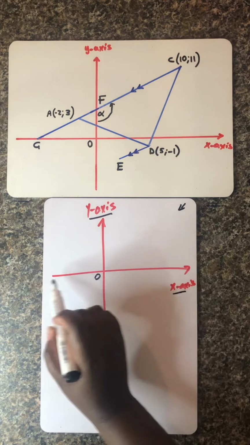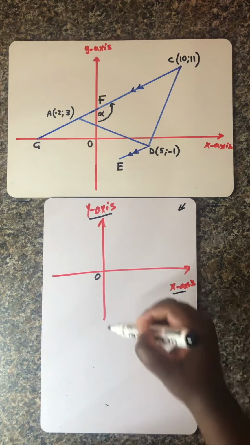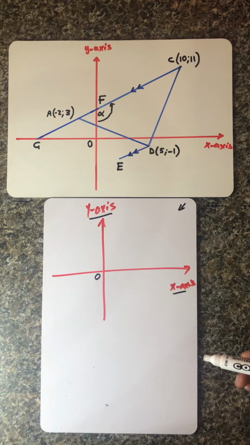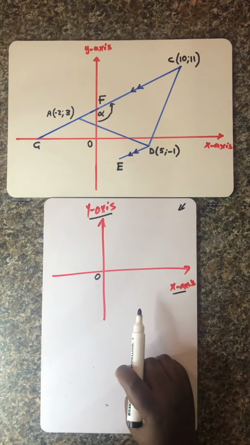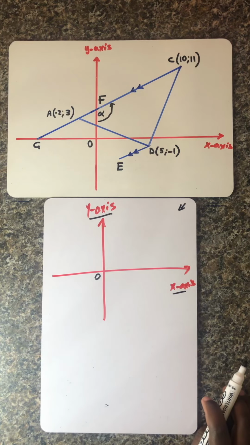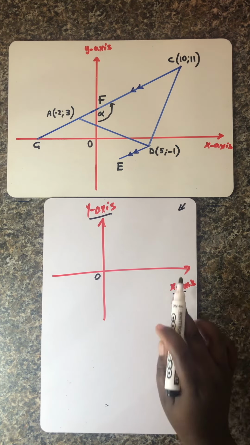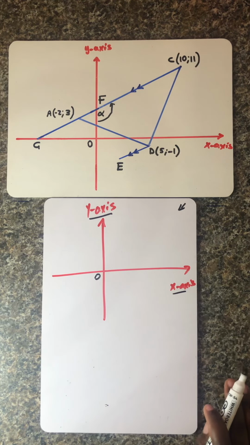I've already indicated that we've got a Cartesian plane, which has the x-axis and the y-axis. In high school, you only focus on the x and y axes. When you get to tertiary, that's where they introduce the z-axis. Let's not worry about the z-axis for now. This is 2D, and at tertiary it will be referred to as 3D.